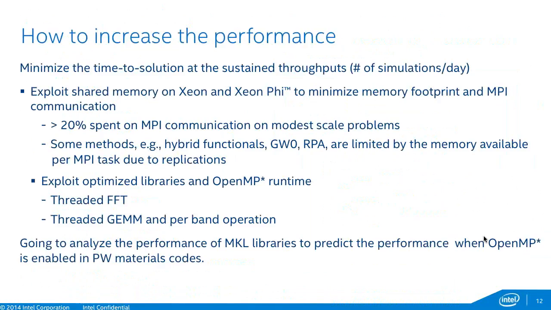You can improve the time to solution to some degree, but if you are not able to do as many simulations as you'd like, that might not be the best solution. So the best outcome is to do both: solve the problem as quickly as possible, while doing as many simulations as we can. And the key, of course, is exploiting shared memory.